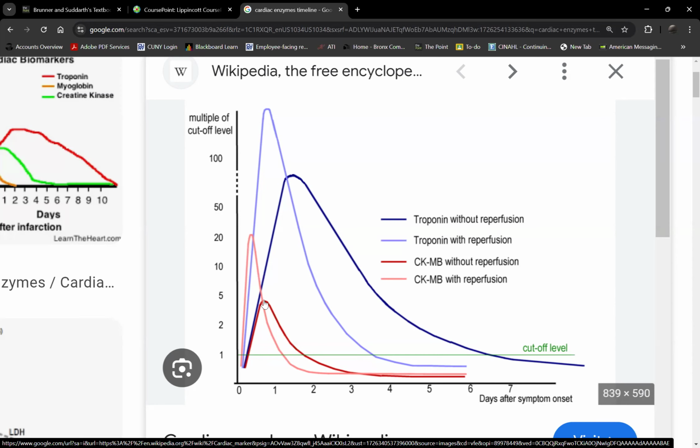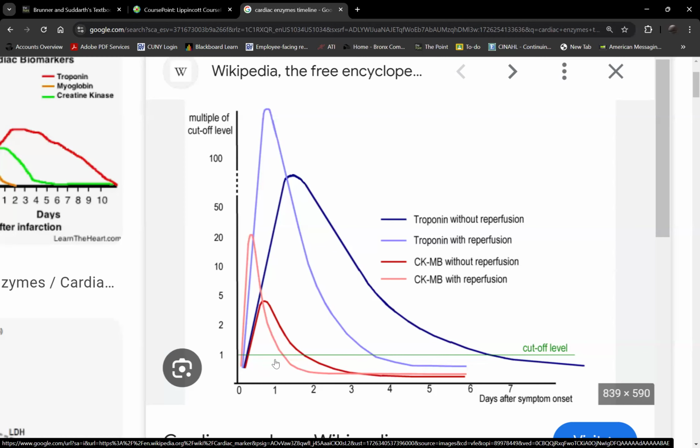So the red is representing CKMB, and the purple is troponin. We don't have myoglobin, but anyway. You see here, one pale red and one dark red, one purple, one blue. Purple and blue are troponin, then you have CK here, light red and dark red.